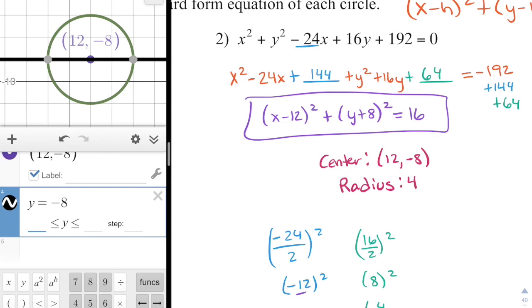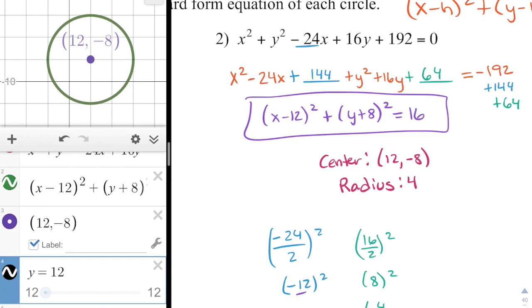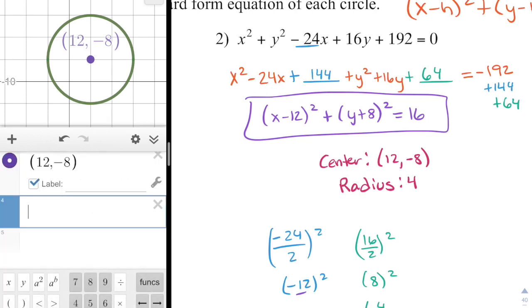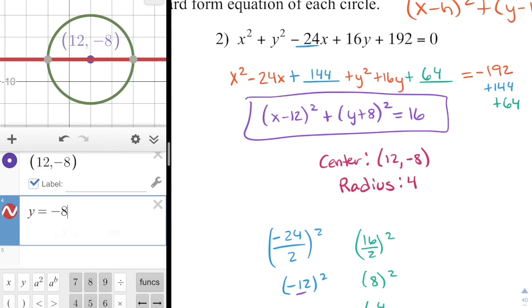Perfect. Starts at 12, and it should go to, oh, this is y.